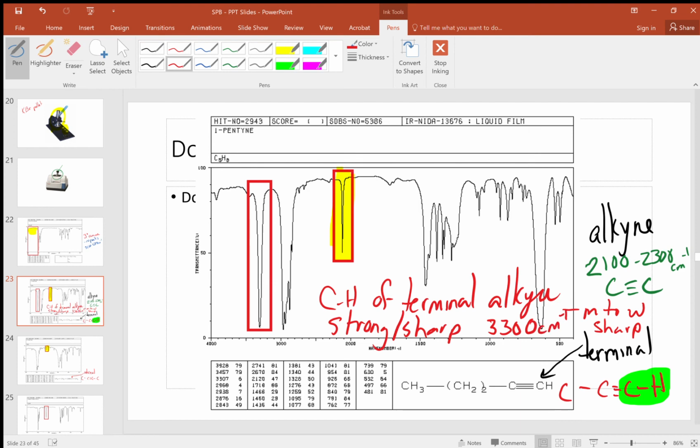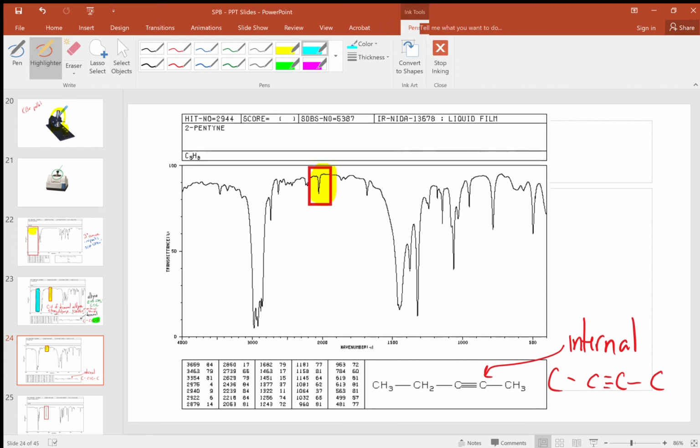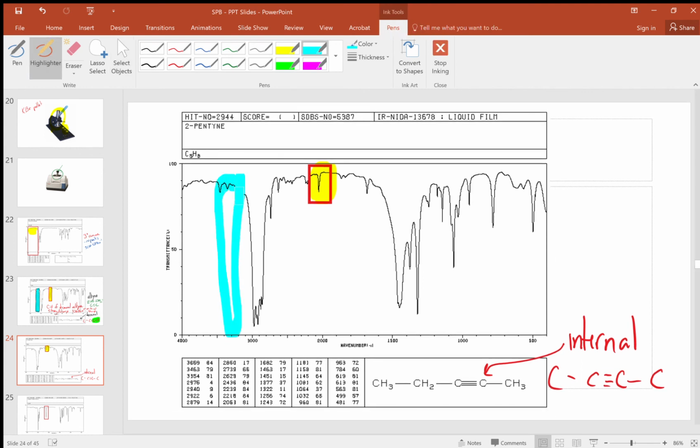So this one, being a terminal alkyne, you can see has this strong sharp peak out here. If we go back though to our internal alkyne, you can see that in this 3,300 region, there's pretty much nothing there.